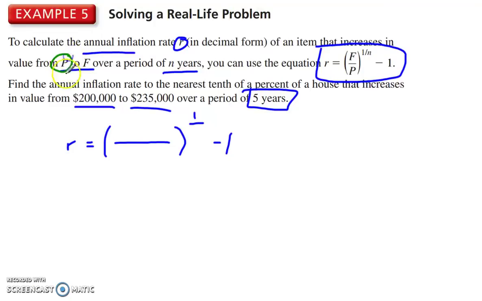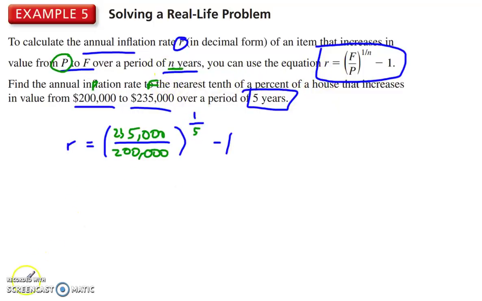It told us from P, so this is P, to F. All right, F goes on top, so 235K goes on top. And from P, 200,000 on bottom. And over 5 years, 5 is n, so we put 5 there.